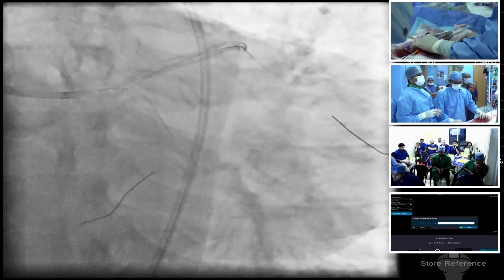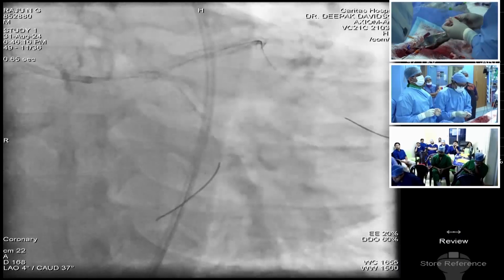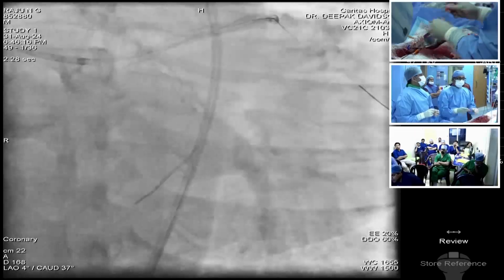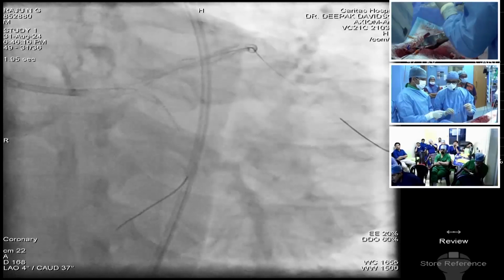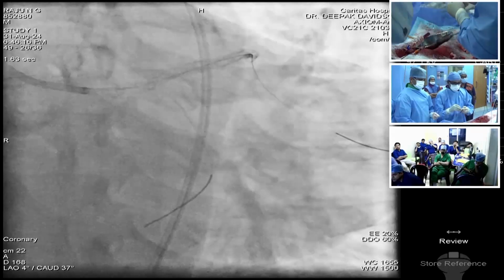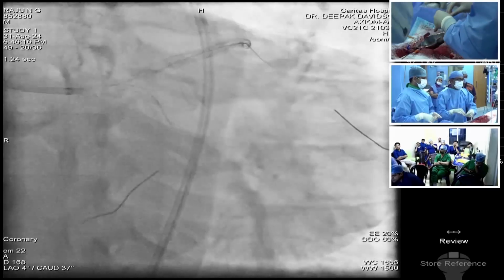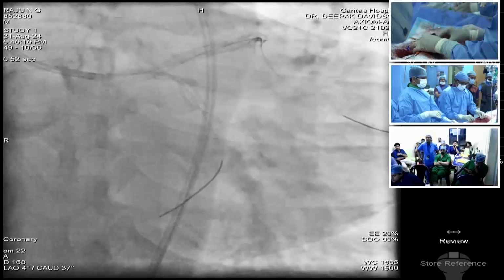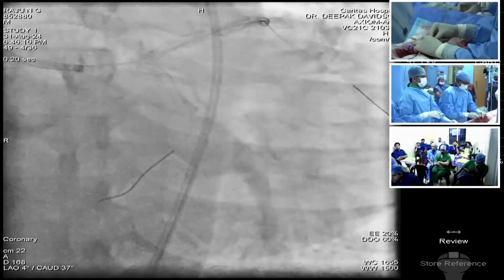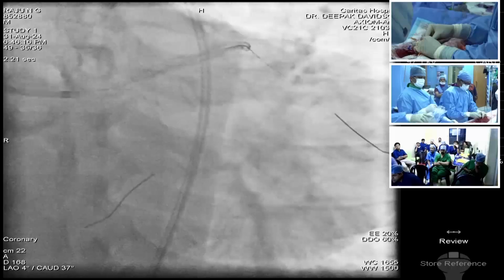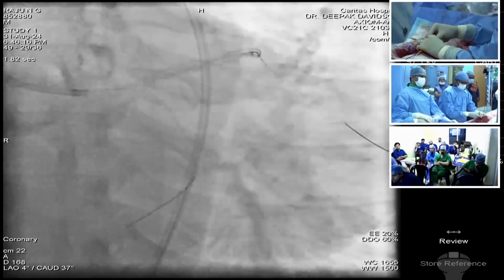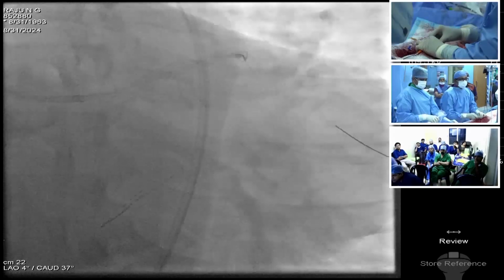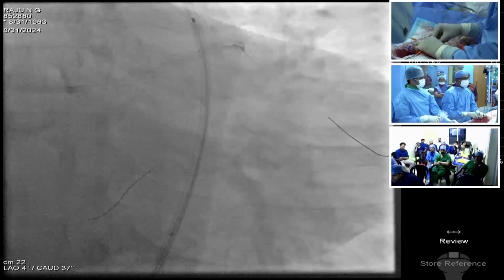Okay, I think we'll do an OCT pullback and then decide. If it is too distal a crossing, you might find it difficult to get the 1.5 and 2 millimeter balloons into the circumflex. Now next, 1.5 balloon.